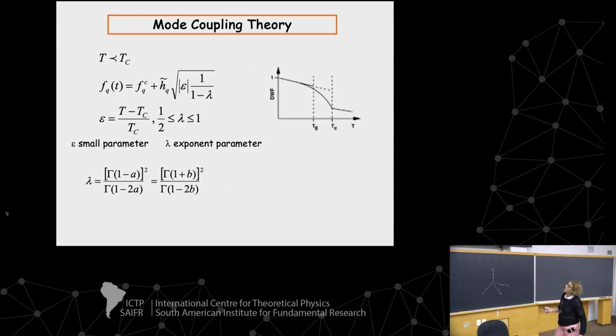For T lower than Tc, we have the parameters that are going to zero. So we have this f of q, as I already showed, with this behavior.